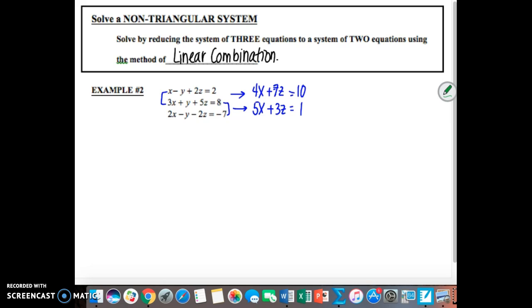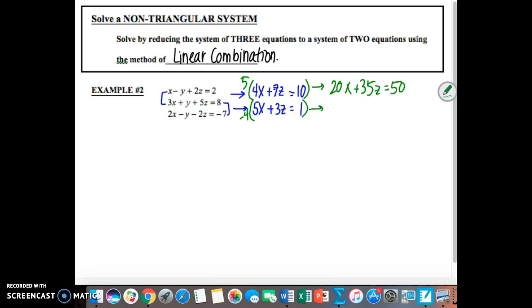Now we're just going to use these two equations and solve it as we would a normal elimination or substitution method for a system of two equations. So if we multiply the top equation by 5 and the bottom equation by -4, we can get rid of the x term. And this becomes 20x plus 35z equals 50.